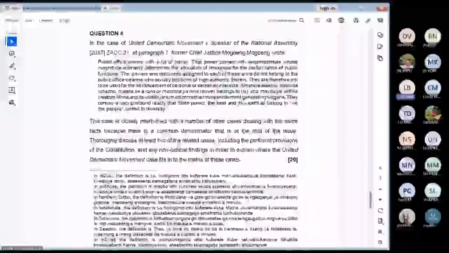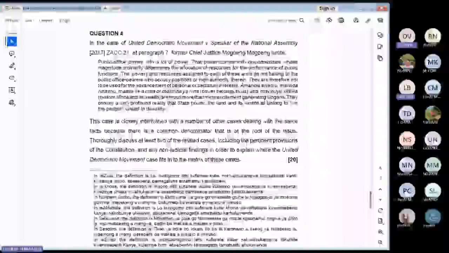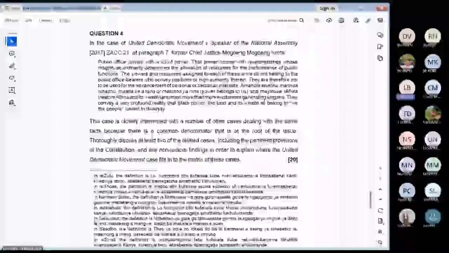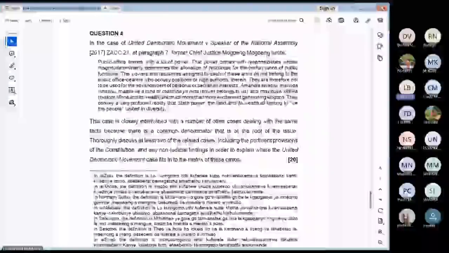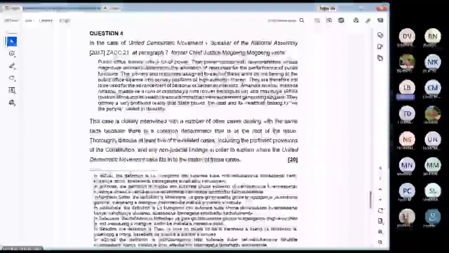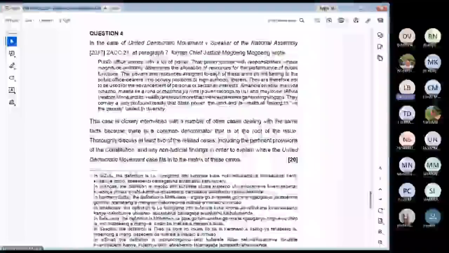And obviously we can also look at section 55, which provides mechanisms to hold the executive accountable.